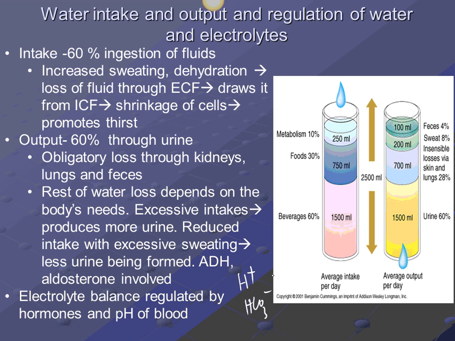So if your pH is very high, that means you have too few hydrogen ions, then you will get rid of bicarbonate and you will reabsorb hydrogen ions so that you can bring your pH down. If on the other hand your pH is too low, that means it's acidic, you have too many hydrogen ions, you will get rid of these and you will reabsorb bicarbonate, which we'll see when we look at how acid-base balance is maintained, okay?